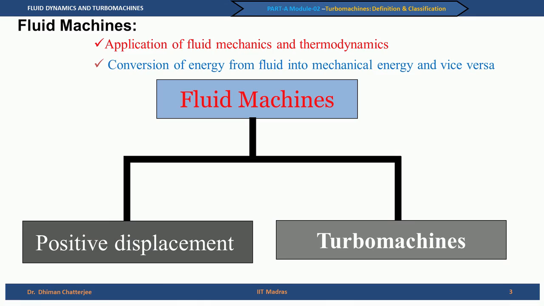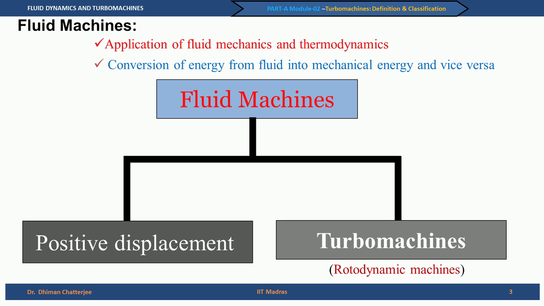Fluid machines involve the application of fluid mechanics and thermodynamics. They also involve conversion of energy from the fluid into mechanical energy and vice versa. So, fluid machines can be broadly classified into two categories: the positive displacement machine and the turbo machines, often called the rotodynamic machines.